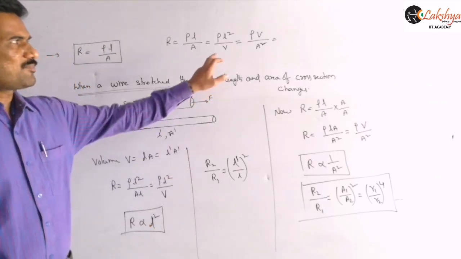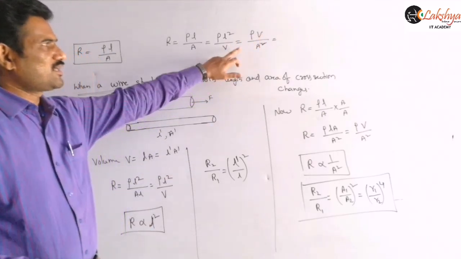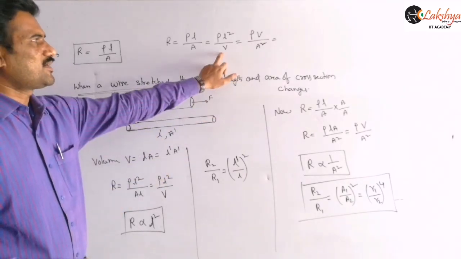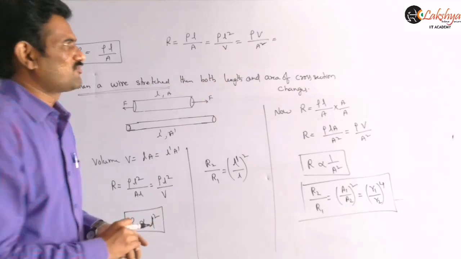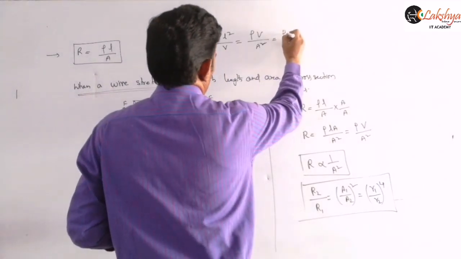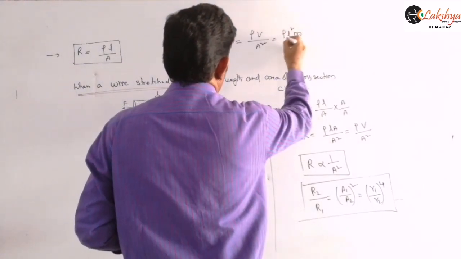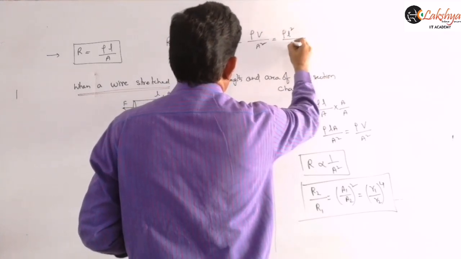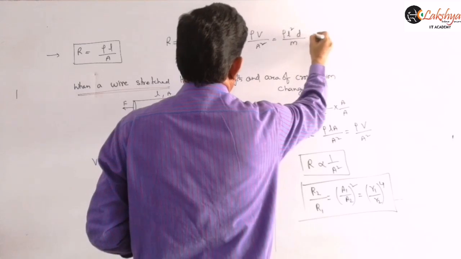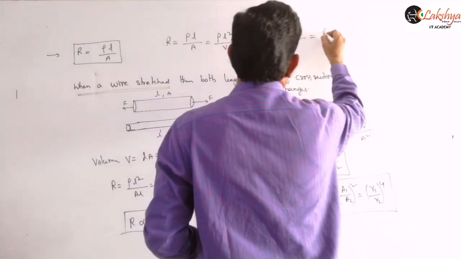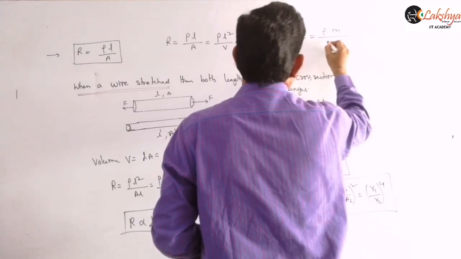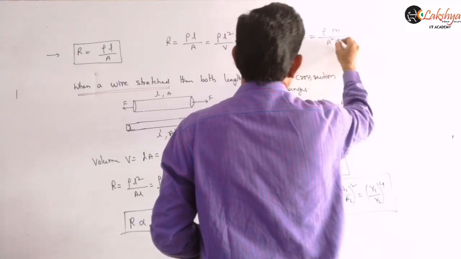Then we can replace this volume V of the material as mass by density. So rho L square into M by density, and rho into M by A square into D.